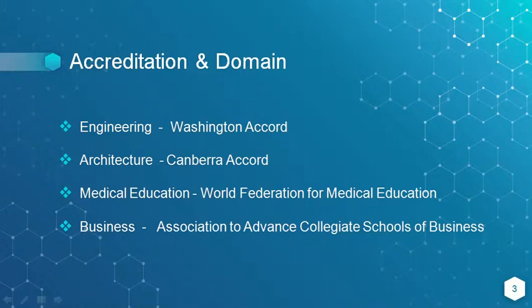For architecture, the Canberra Accord is taken into consideration. In the medical field, we have the World Federation for Medical Education. And for business schools, we have the Association to Advance Collegiate Schools of Business. So they are providing the accreditation.